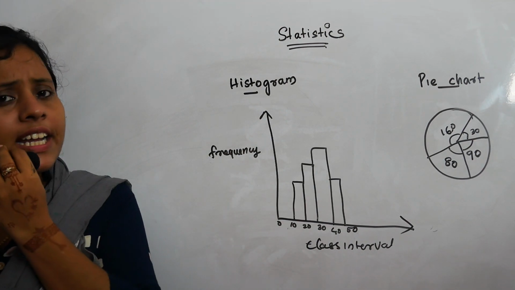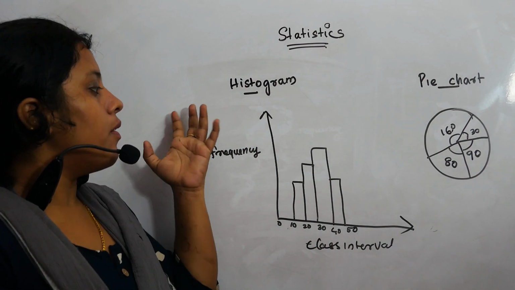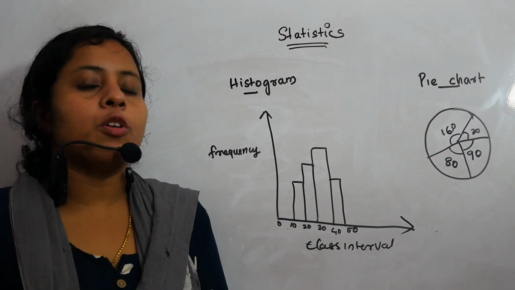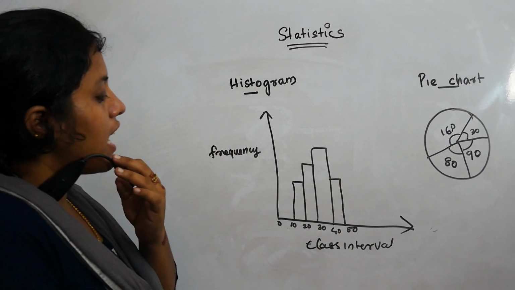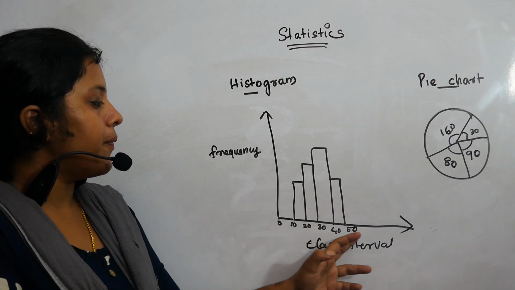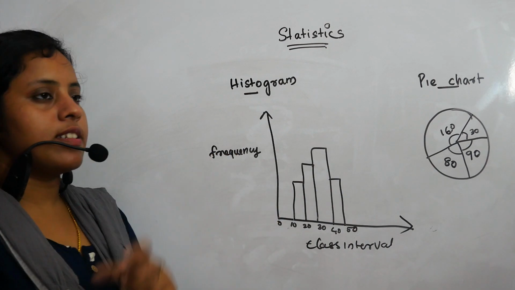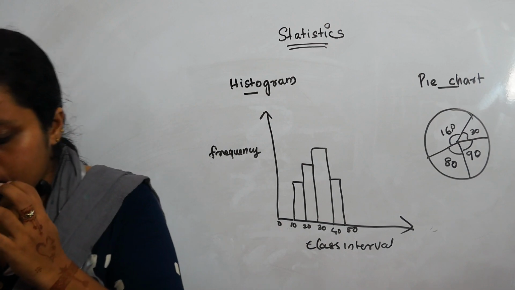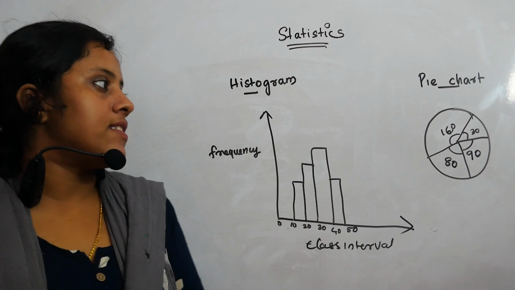The reason we are studying this is that they can sometimes ask what graph we plot with class interval and frequency, or what the cumulative frequency curve is known as. In a histogram we have continuous class intervals and continuous frequencies. In one axis class interval, the other axis frequency. That is a histogram, which represents a continuous frequency distribution.